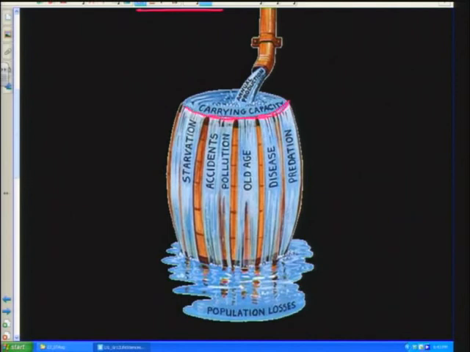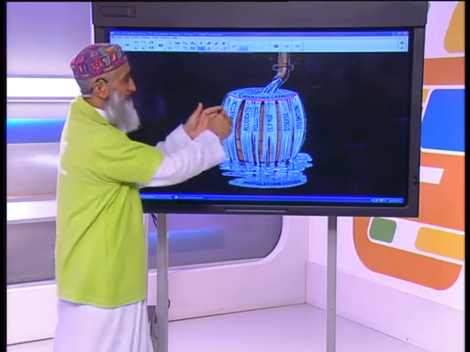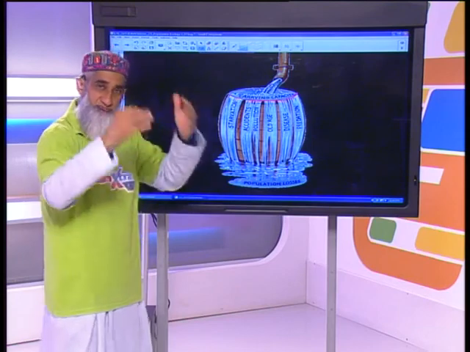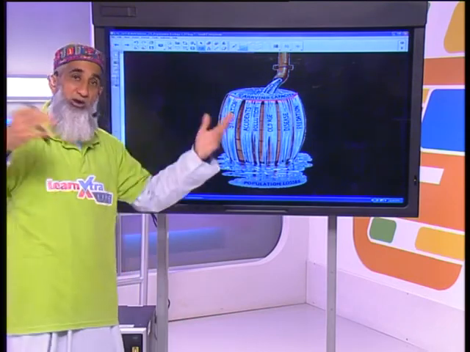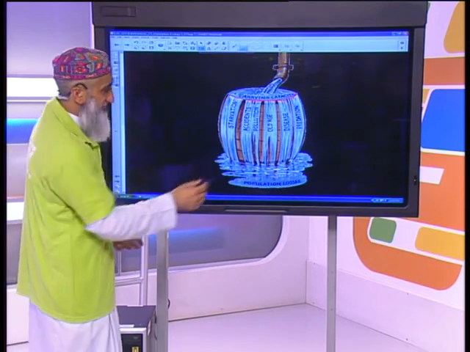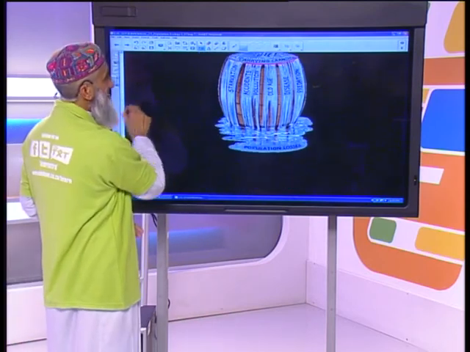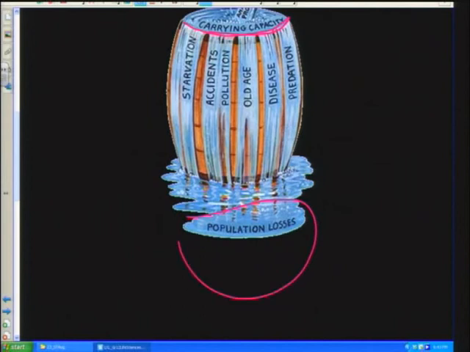That's the maximum this bucket can carry. Anything more than that has to spill over. And if it's spilling over, it means the animals are competing and going to die. Or they have to move away from that area. This is what we are saying here. So when these things happen, then you're going to have population losses. Some of the population will be lost and they have to go away because you can't go more than that.